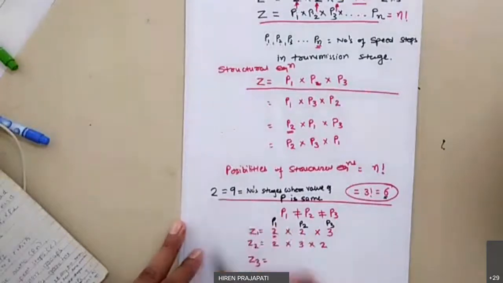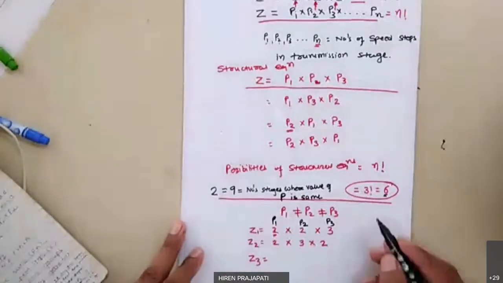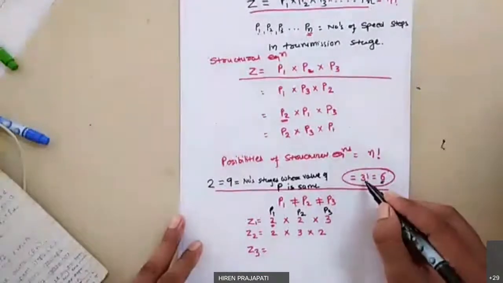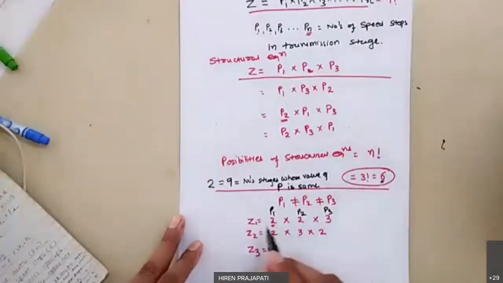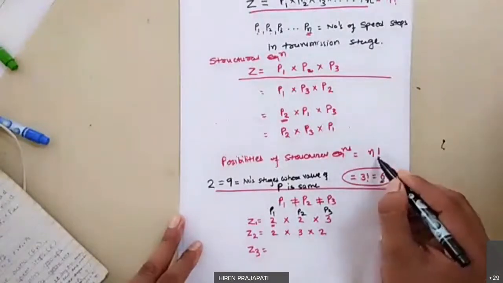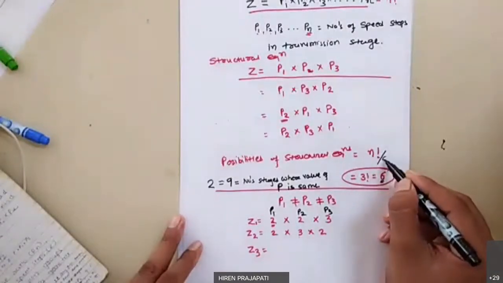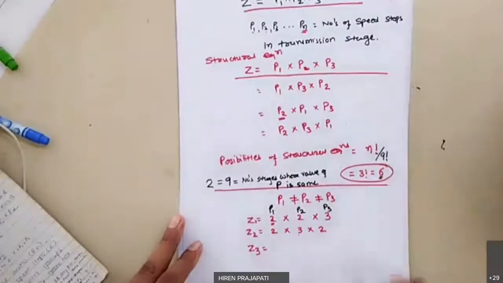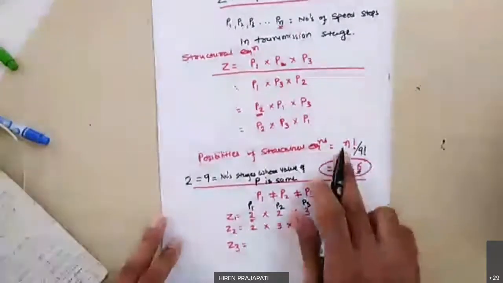So Q equals 2. So here, the actual possible structure equations are n factorial divided by q factorial, right? So n factorial divided by q factorial.